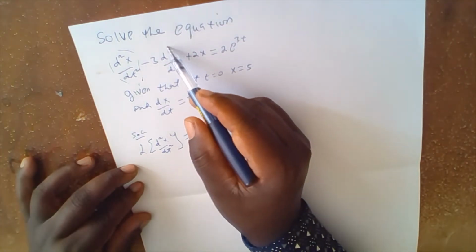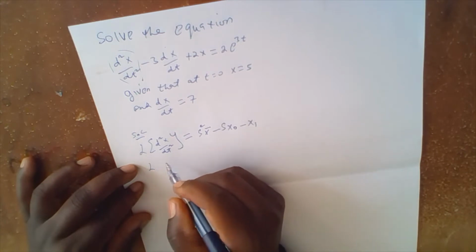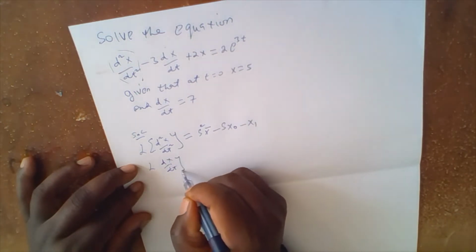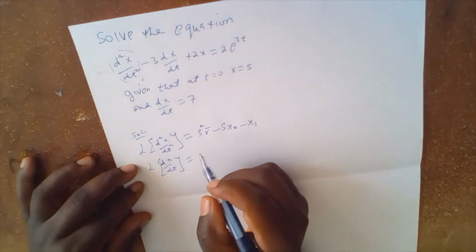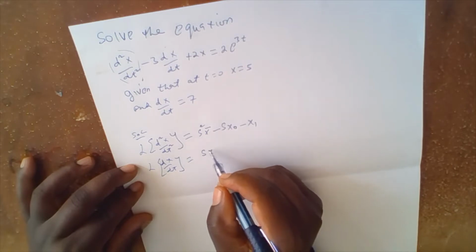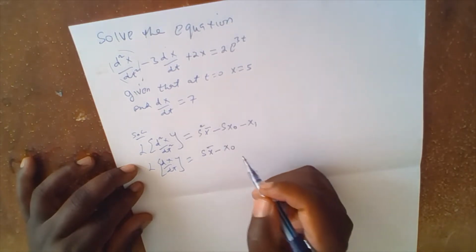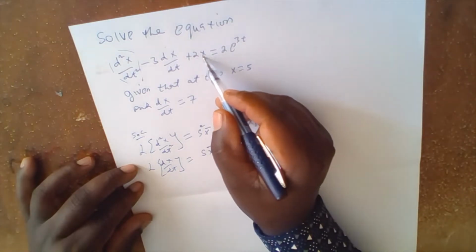Then we also get the Laplace transform of dx/dt, which equals s x bar minus x naught.